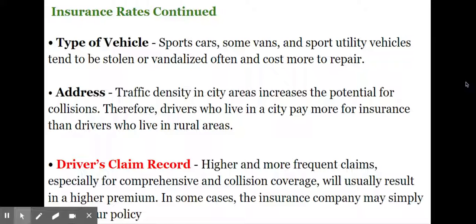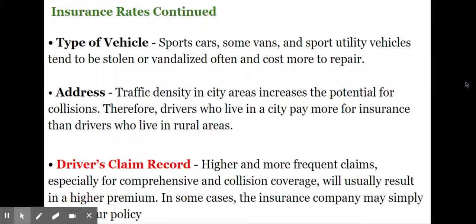Type of vehicle: sports cars, vans, sport utility vehicles, things that are stolen, vandalized, or often cost more to repair are going to have higher premiums. Address. If you have a Chicago address, it's going to be a couple hundred dollars more than an Oak Park address.